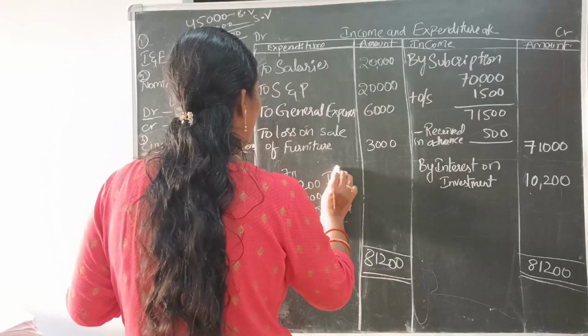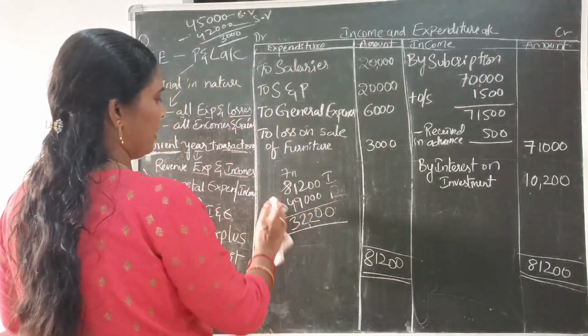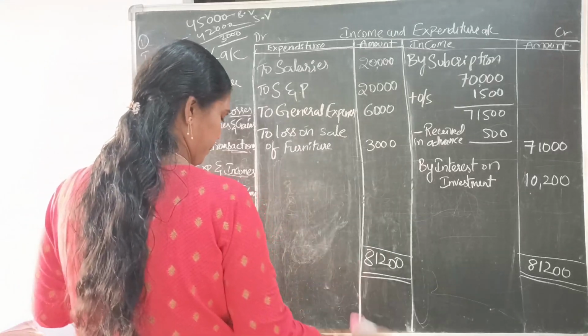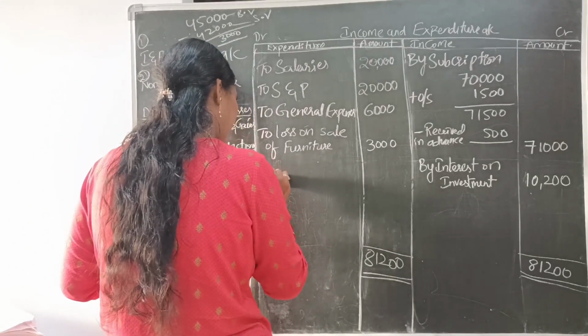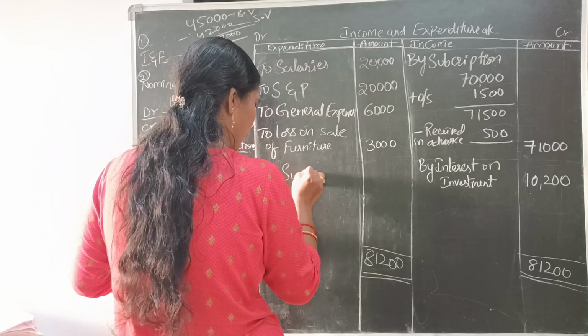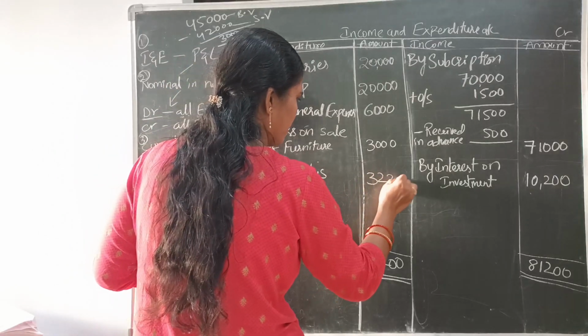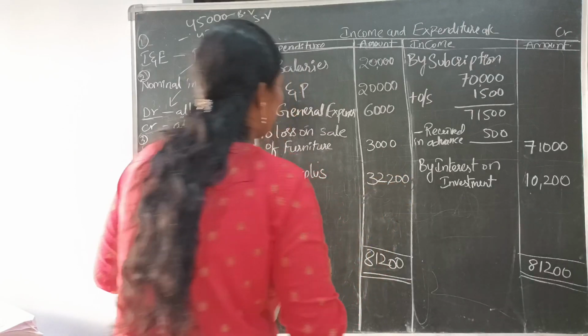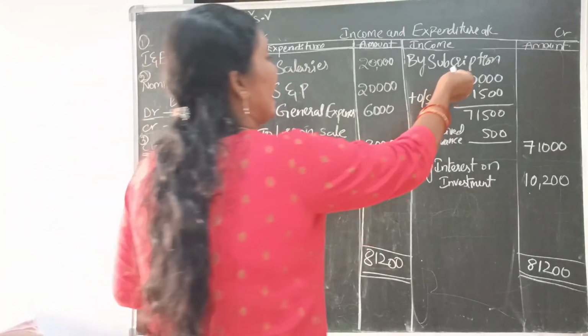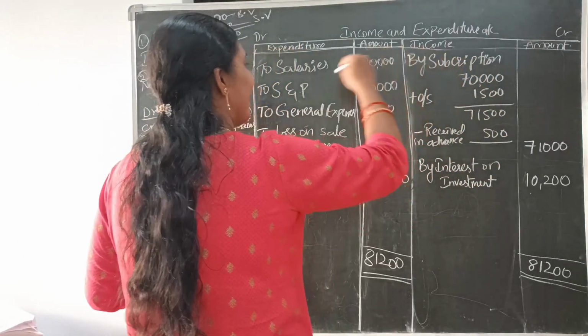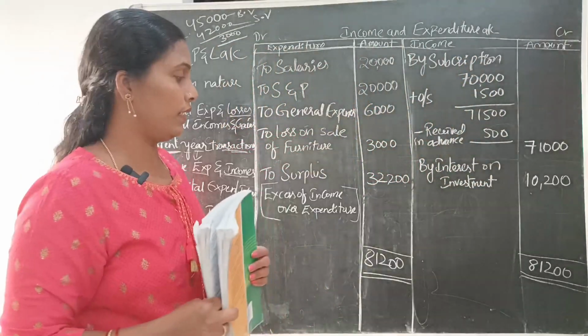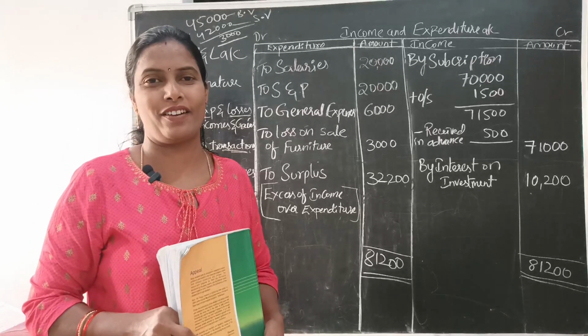Write it on the debit side as surplus. 32,200 is the surplus amount, which means income is more than the expenditure. This is the income and expenditure account.